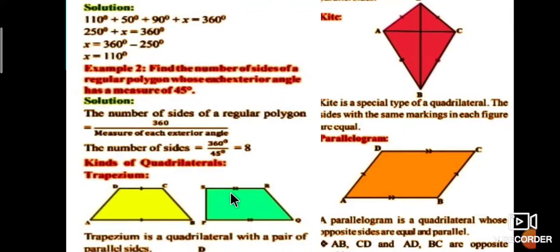Such a quadrilateral is called a trapezium. A trapezium is a quadrilateral with a pair of parallel sides.